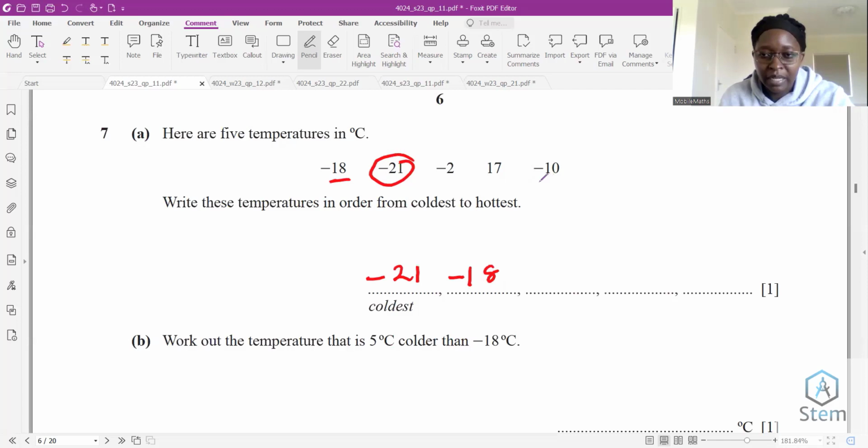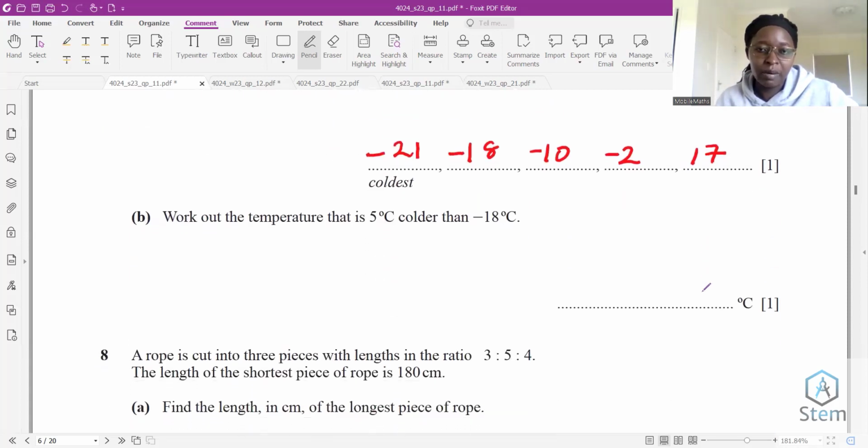Then minus 10. Then we have minus 2. And lastly, 17. So basically, when we have a temperature like that, it's no longer cold. This is now chilly, not cold. Okay, so that's basically how you can arrange them in order.